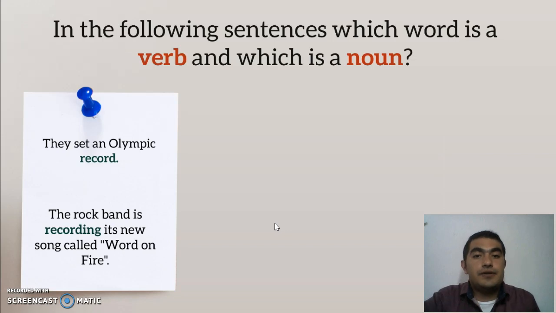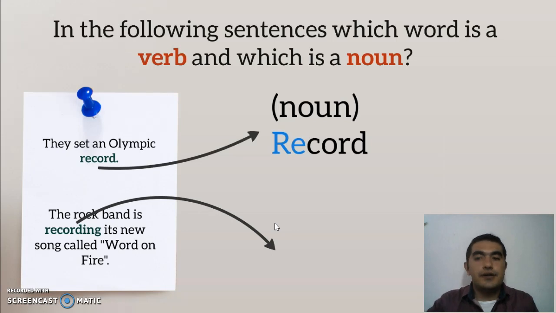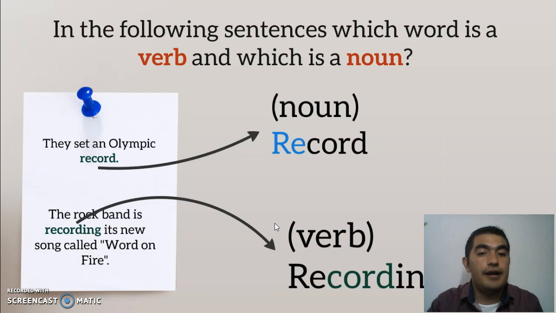Let's see the answer. Record. This is a noun. Record, record. Recording. This is a verb. Recording, recording.